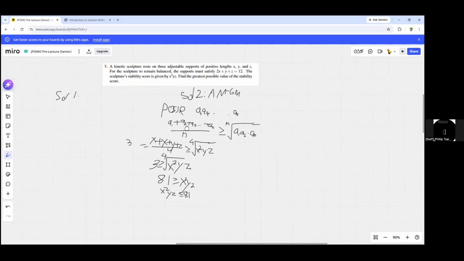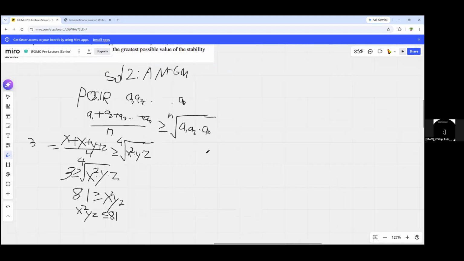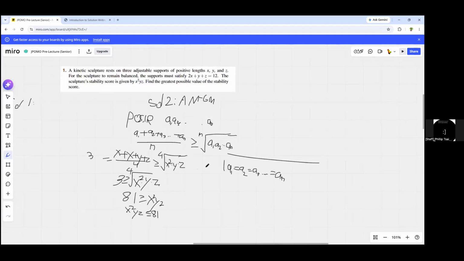And notice, AM-GM has its equality case when A1 is equal to A2, equal to A3, equal to A4, etc., right? So we need to check for this equality case. And if it holds true and this satisfies our equation, then we are done with the problem.